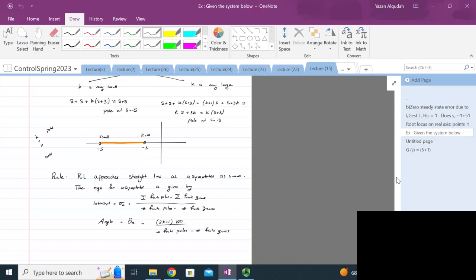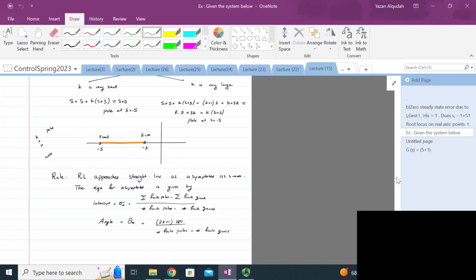Now, what happens if I have 5 poles and 5 zeros? Easy. We have 5 branches. Each branch is going to start at a pole and end at a zero. Together? But what happens if we have 5 poles and only 2 zeros? We're going to have 2 branches that are going to start at poles and end up at zeros because we have 2 zeros.